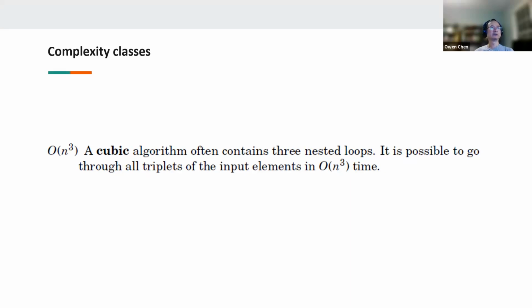Then n cubed, where you need three nested loops, is much worse than n squared. And again, you could check whether one of the loops can get into a log n type of situation rather than going through every element.